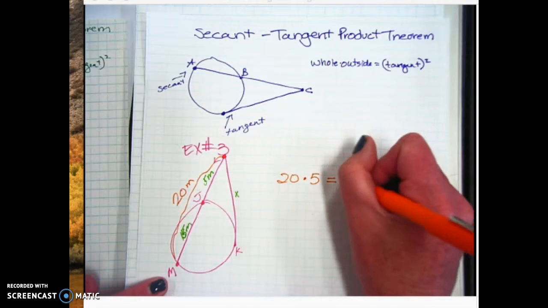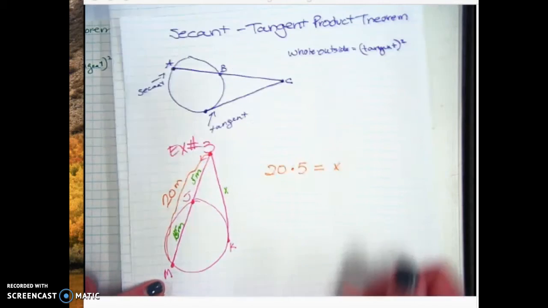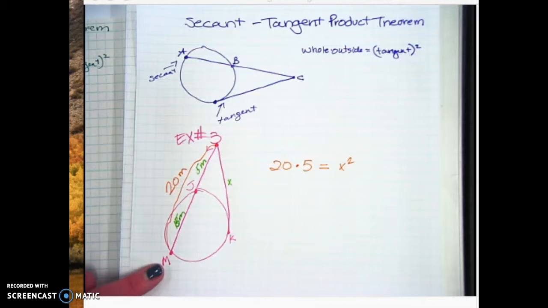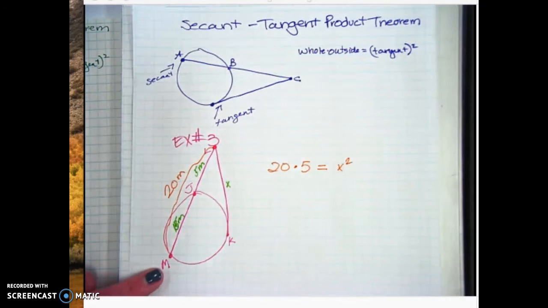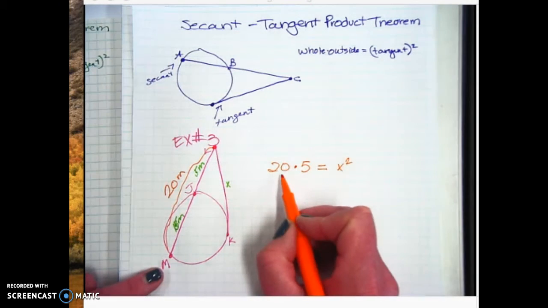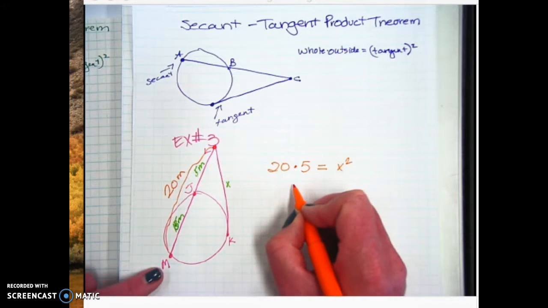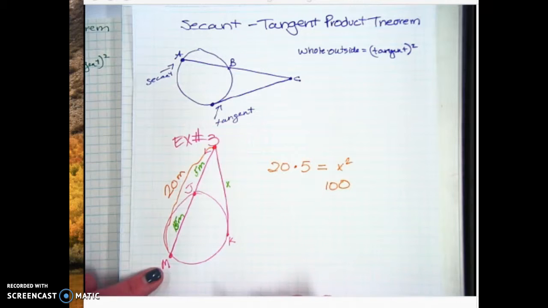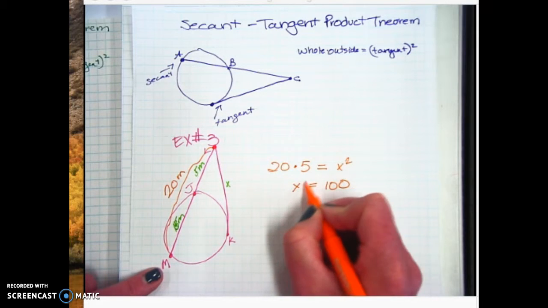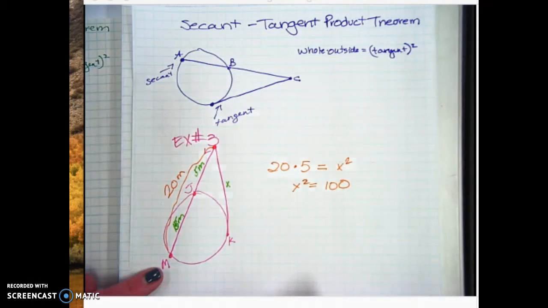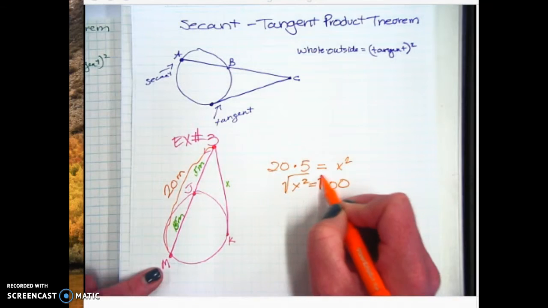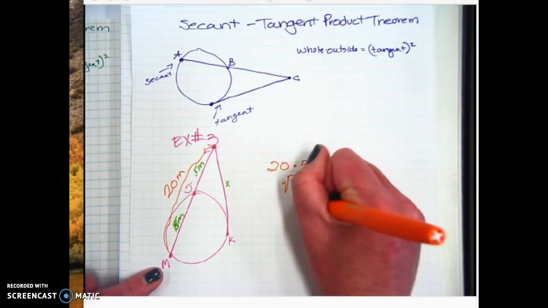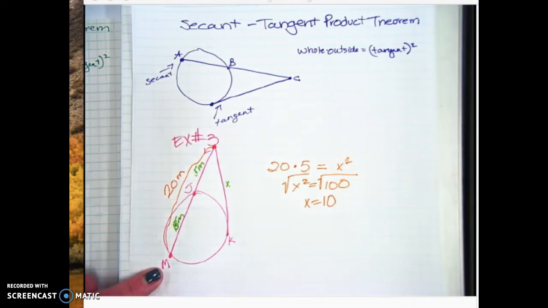We're going to put X there, but we need to multiply it by itself. So we're going to say X squared. Oh, I should have done it on the other side. Oh, well, we'll figure it out. All right, 20 times 5 is what? 100. Do we like 100? Yes, because when we take the square root, it's a perfect square, right? So X is 10. And that's all.